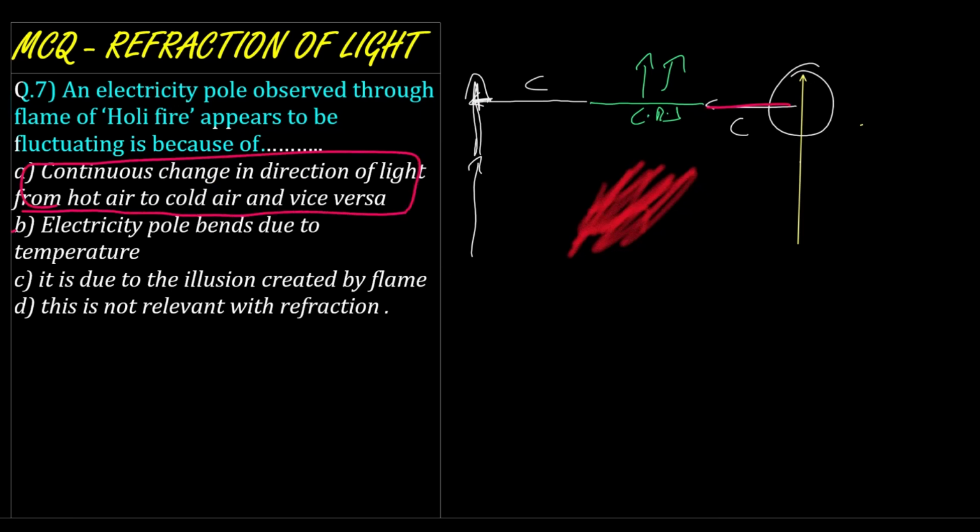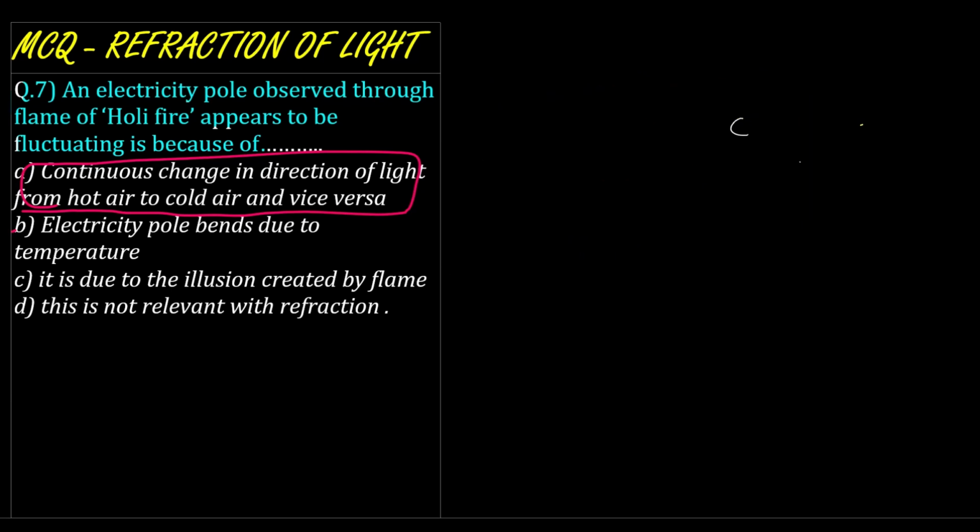As the rays of light travel from cooler air to hotter air and then to cooler air, it brings about a change in the direction of light. So sometimes the light may appear to come from this position, sometimes from this position, sometimes from this, and that gives the vision of fluctuation.